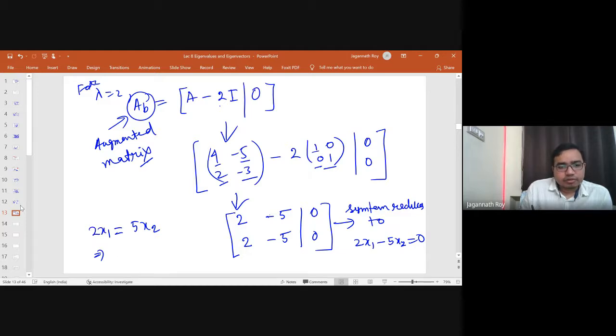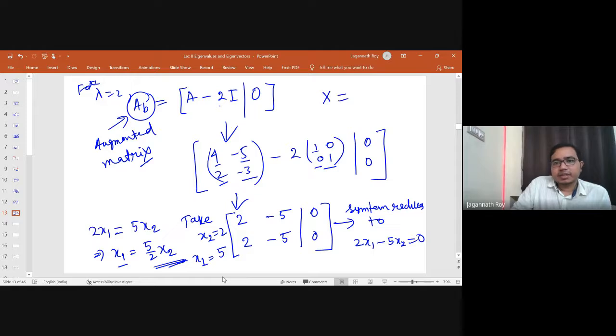We'll try to find integer numbers. Okay, so x1 equals 5 by 2 x2. This is the relation between x1 and x2. So take x2 equals 2 and then x1 will become 5. So this is also another eigenvector.